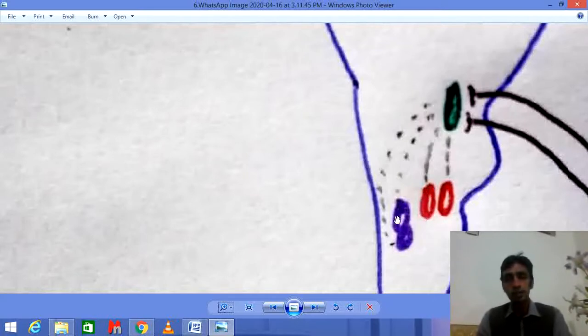The vasoconstrictor center constricts the blood vessels. The vasodilator center dilates the blood vessels. So when and in which condition these nucleuses will be activated, we will see in the next diagram.